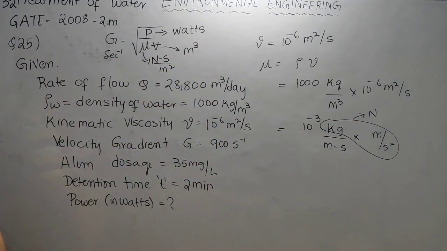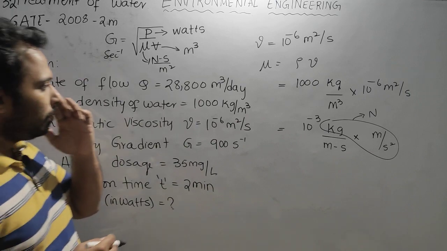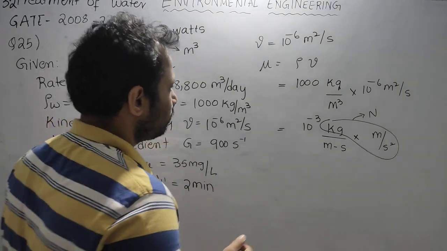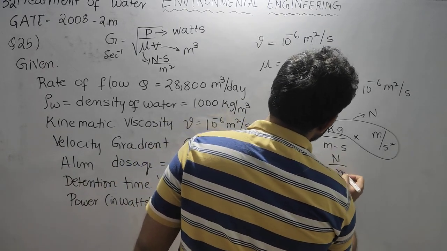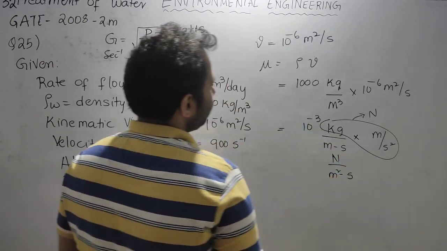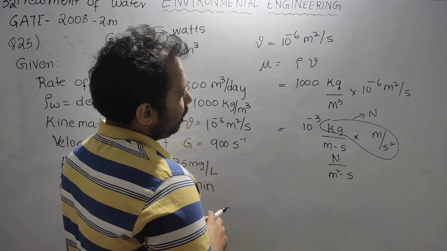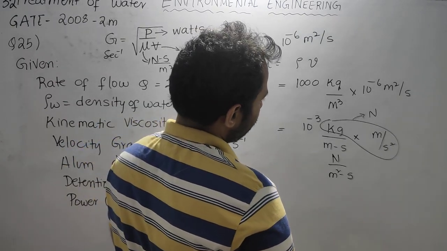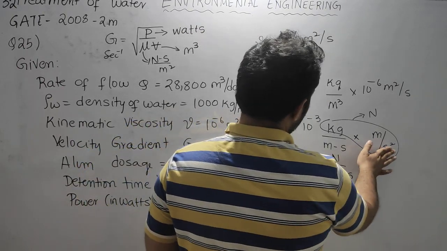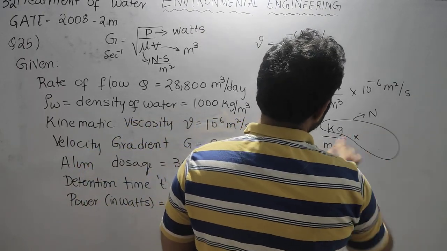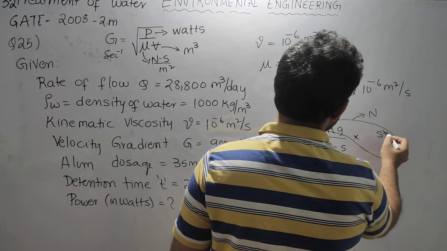But we want dynamic viscosity in Newton second per meter square, so here we need to divide it with second square per meter.